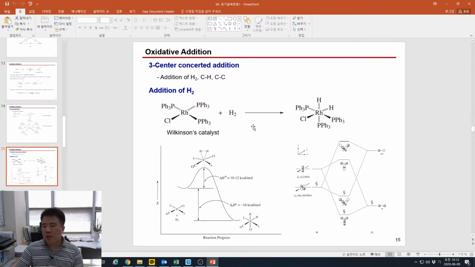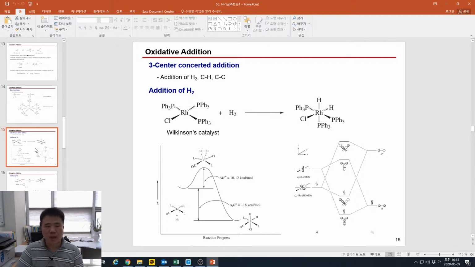However, generally we say these are neutral, non-polar bonds. So rhodium can be added between proton-proton, or iridium can be added between proton-proton, something like that.